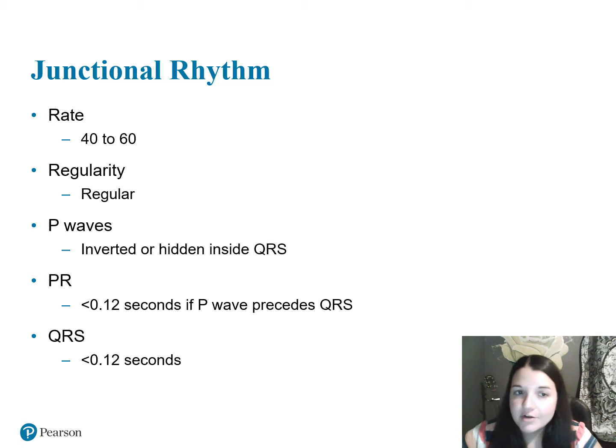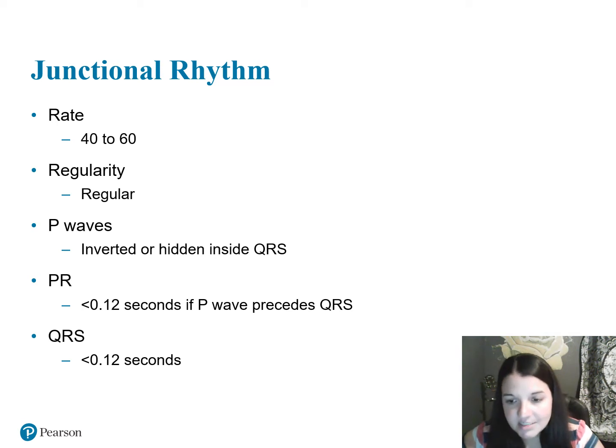So your rate for a sinus rhythm, 60 to 100. Your rate for a junctional rhythm, 40 to 60. It's going to be regular, but my P waves are going to be inverted or hidden inside the QRS. Now remember your atrium. If it's coming there, your P waves can be hidden in the T wave.